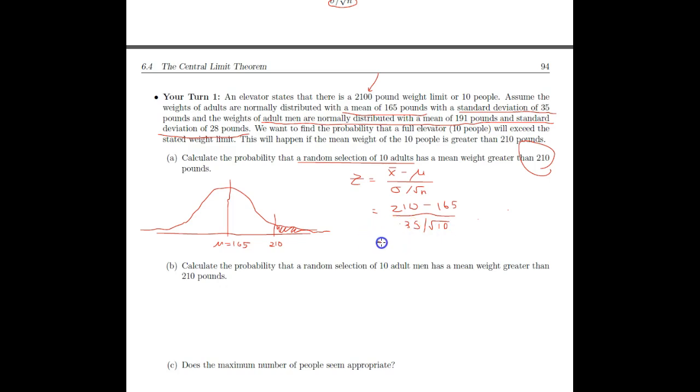Cool. So then we're going to punch this all into our calculator. Let me get a calculator up to do this. 210, oh, I want to put that all in parentheses. 210 minus 165 divided by 35 over square root of 10.